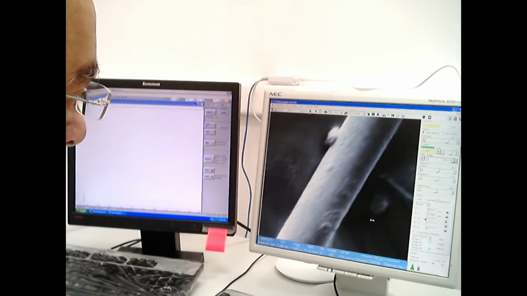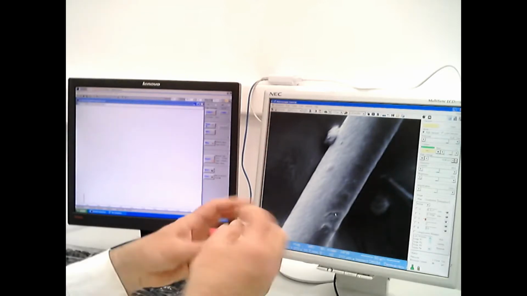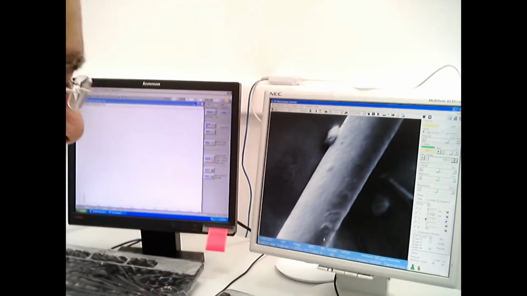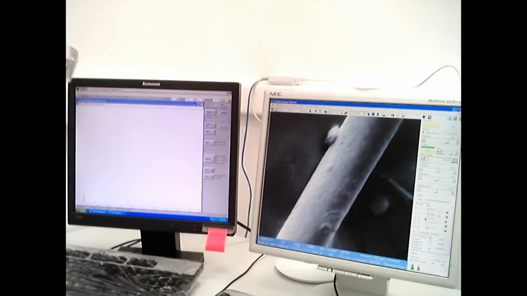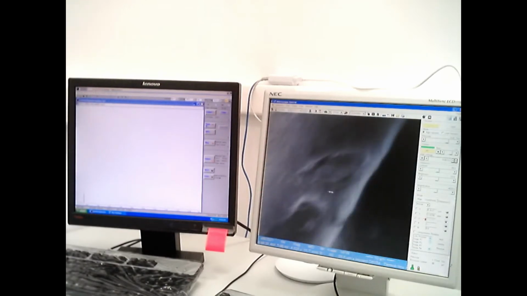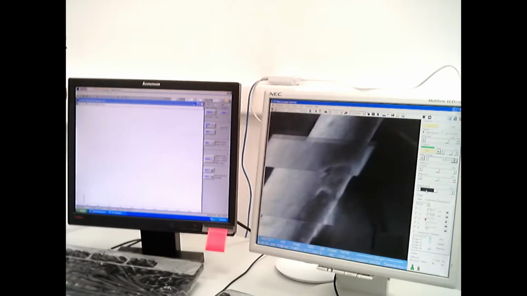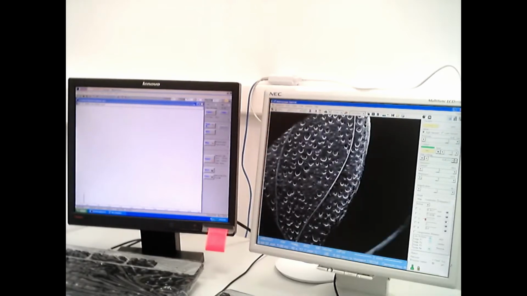It looks similar to a human hair, but these little pimples on the hair indicate that this is an animal. These are small items that you need to know as a forensic scientist. So this is probably an animal hair, and most probably it's one of the cats at home, because I took some hairs from my cats. All right, so let's see if there are any other hairs that we can investigate.